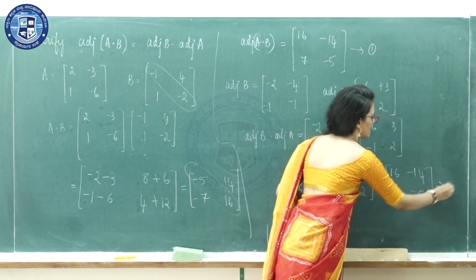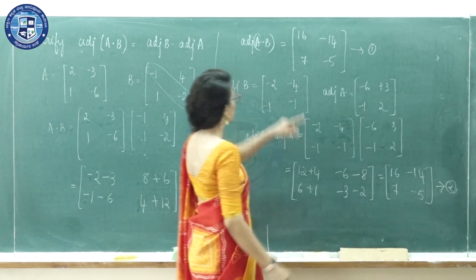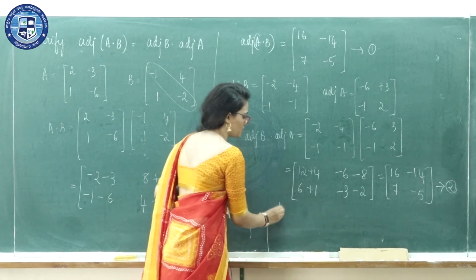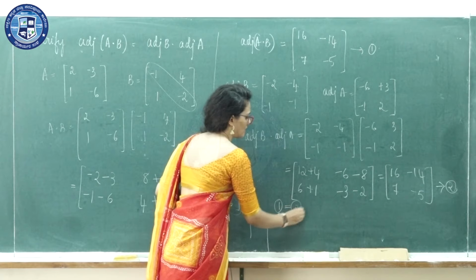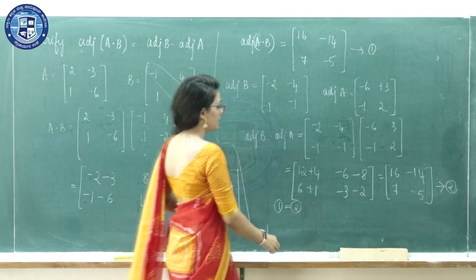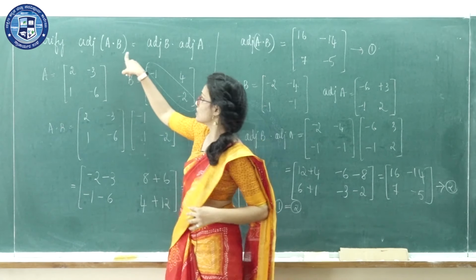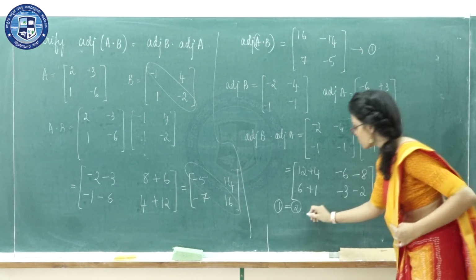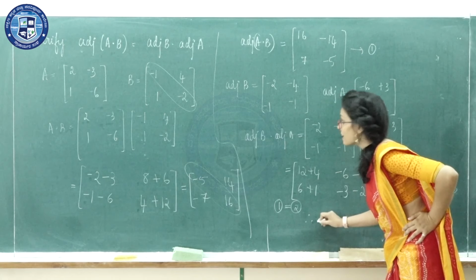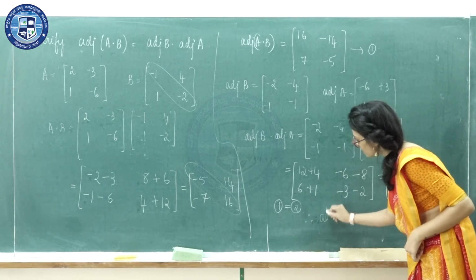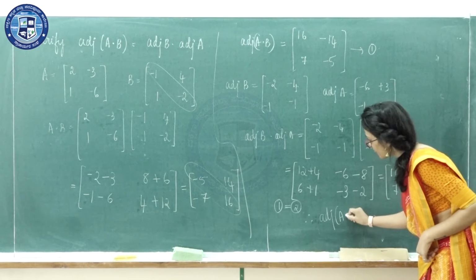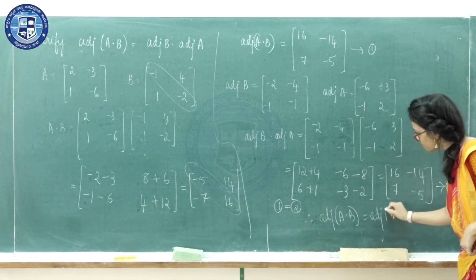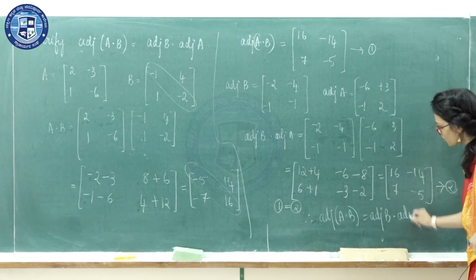So, I will take this as equation 2. Now, compare equation 1 and equation 2, they are equal. So, from equation 1 and 2, we have verified that adjoint of A into B is equal to adjoint B into adjoint A. So, hence, adjoint of A into B is equal to adjoint B into adjoint A.